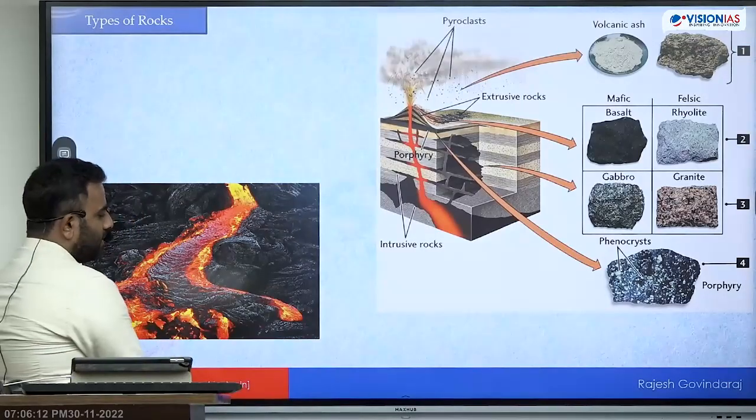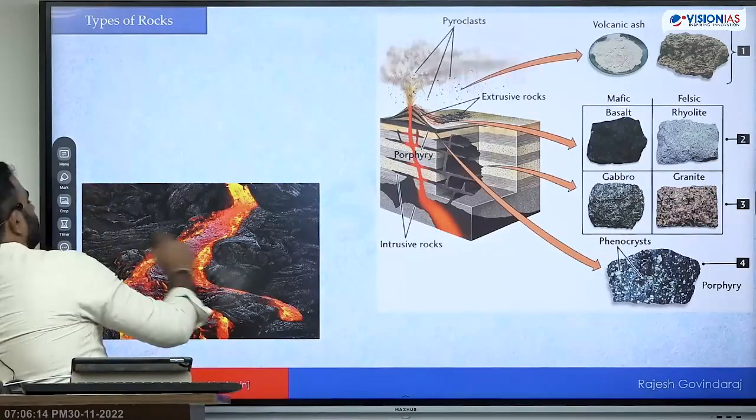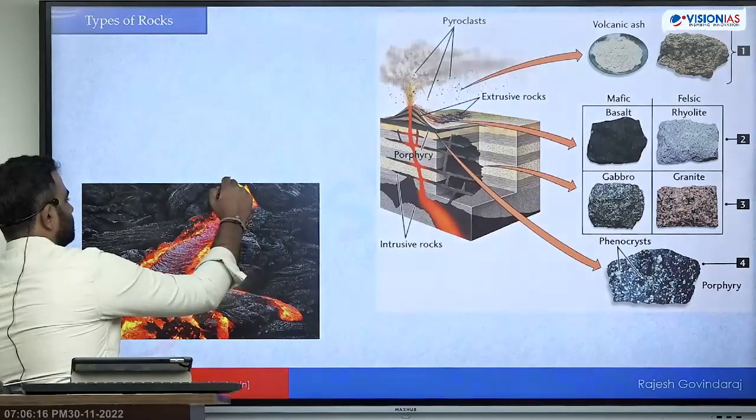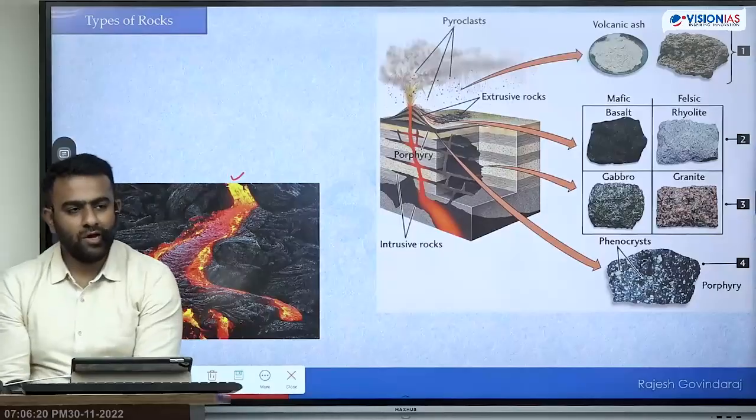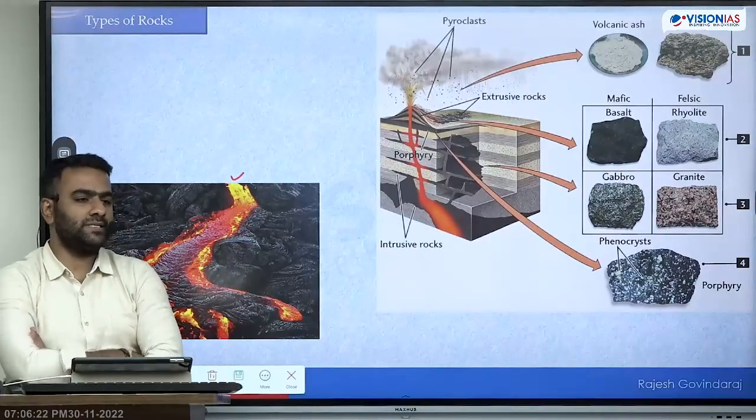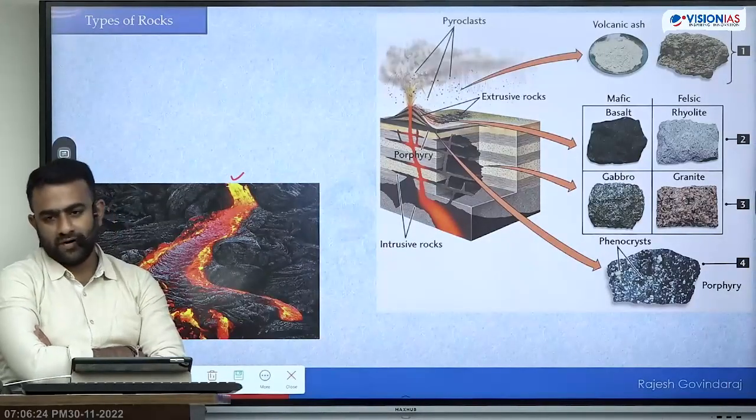So fire here refers to the magma. The magma being very hot material, that is why it is being referred to as fire here.